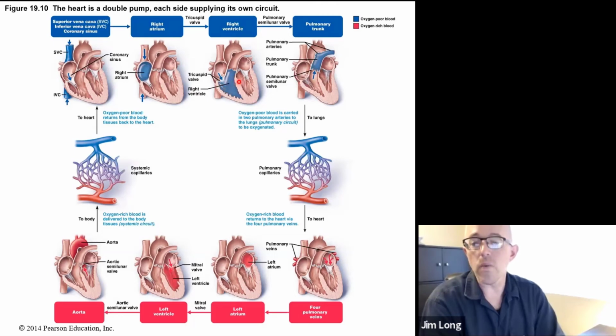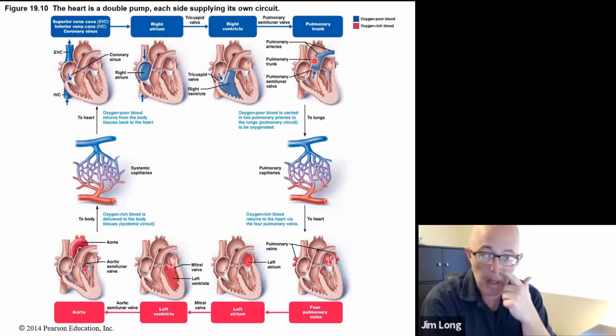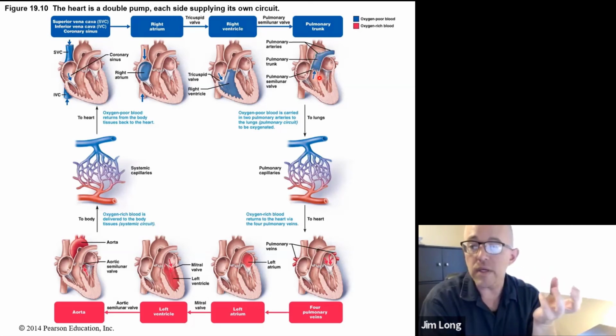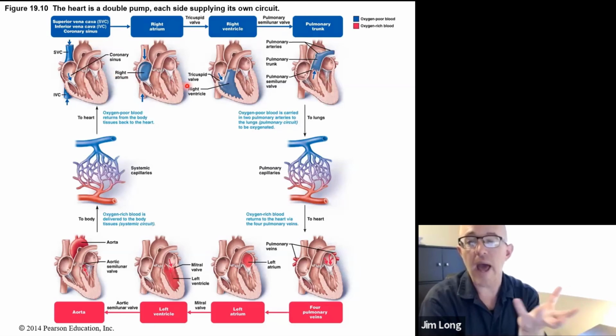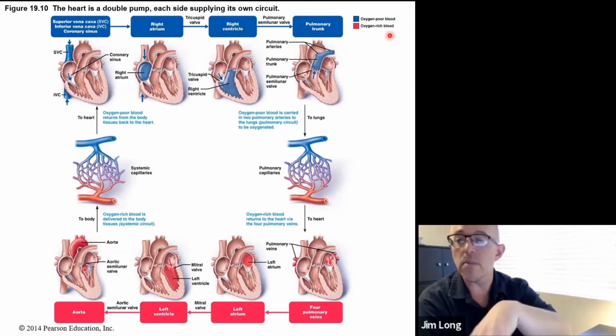The ventricle is relaxed in these two diagrams, and that allows the ventricle to fill with blood, and the ventricle is going to contract here and squeeze the blood up into the pulmonary trunk and pulmonary arteries. So this is one heartbeat. The heart is relaxed here and then contracts here. And now the blood is going to be pushed off to the lungs, to the pulmonary circuit.